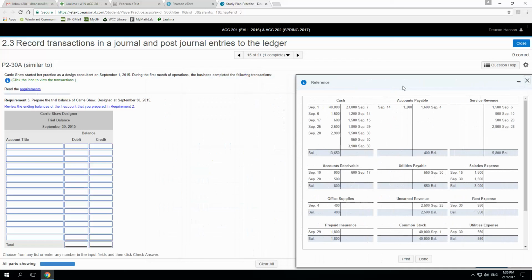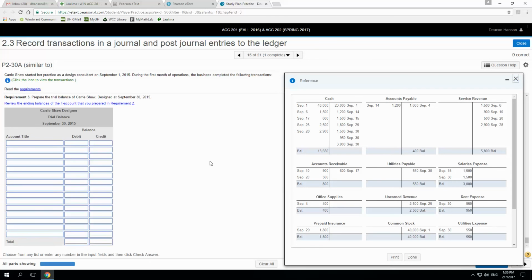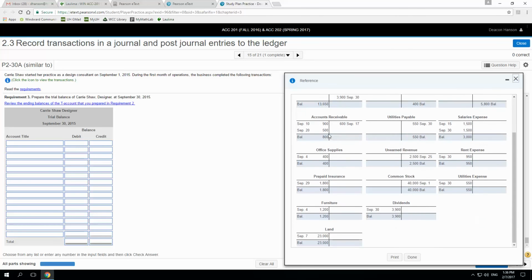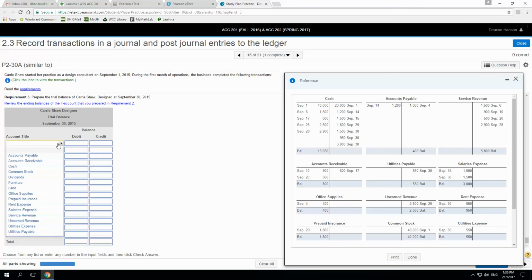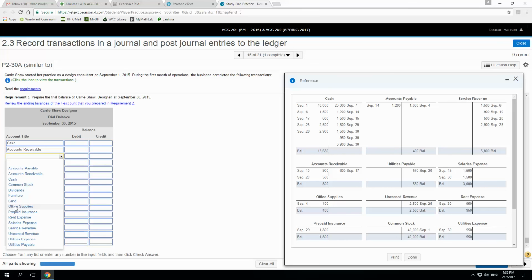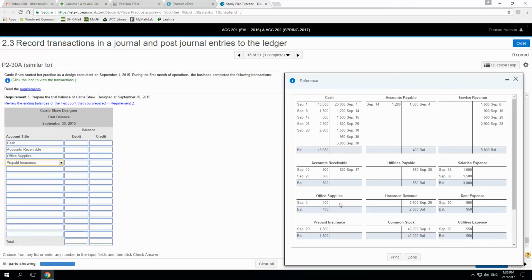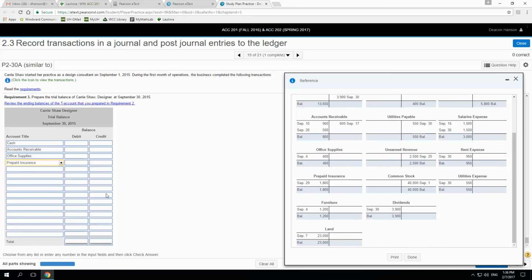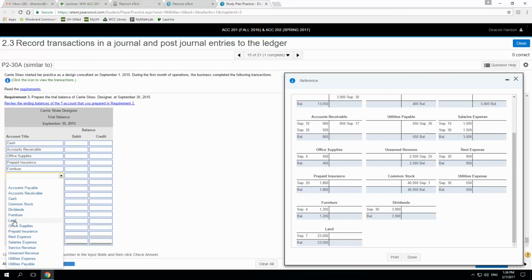And we can have all of our accounts sitting here on the side while we prepare this trial balance. So we'll do the assets first, and I believe they're in this column. We'll just go down the list. In fact, I'll put the names in: cash, accounts receivable, office supplies, prepaid insurance, furniture and land.